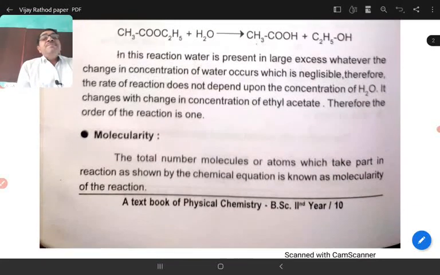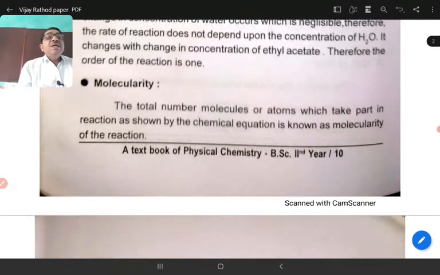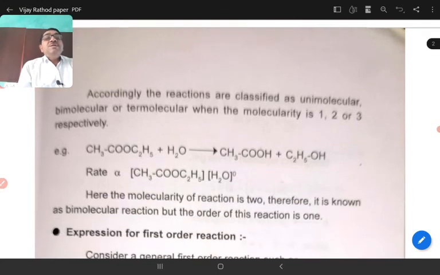Another term regarding chemical kinetics is molecularity. The total number of molecules or atoms which take part in the reaction as shown by the chemical equation is known as the molecularity of the reaction. Accordingly, the reactions are classified as unimolecular, bimolecular or termolecular when the molecularity is 1, 2 or 3 respectively.